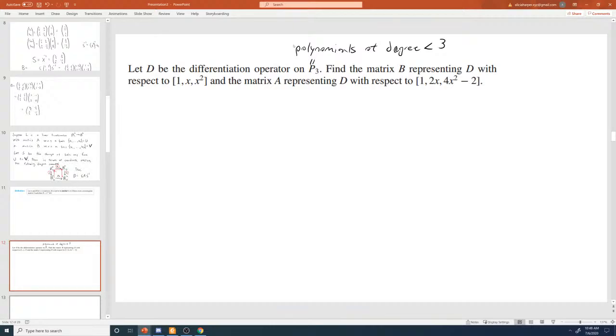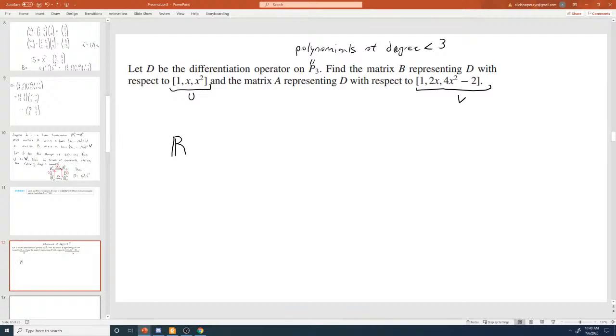And what I want to do is find the matrix B representing D with respect to this basis, and the matrix A representing D with respect to this basis. So let's do it. I'm going to call this basis here U, and I'm going to call this basis here V. So the first thing I'm going to do is find the matrix B with respect to the basis U.